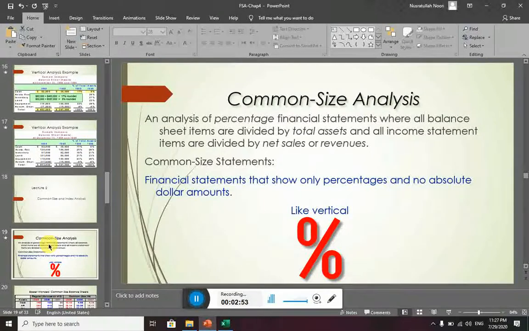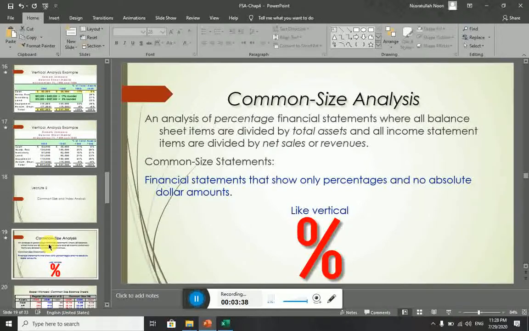For example, in the balance sheet we found out what percent contribution each line item has in total assets, and similarly in the profit and loss statement, by using vertical analysis we found out the percentage of each expense or each item of the profit and loss statement, what is the contribution of each item in the total sales.